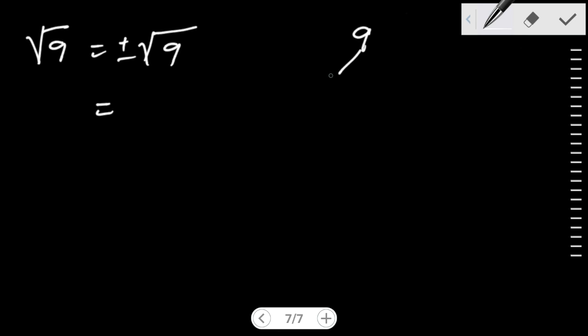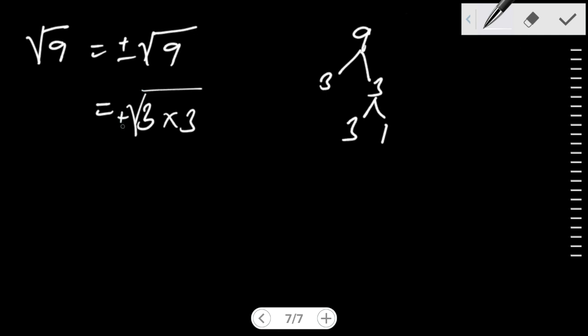If I have the square root of 9, which will be positive or minus root of 9, this should be equal to, now let me first get 9 here. Now the lowest prime factor that can divide 9 is 3. So by 3, I'll have 3. By 3, 1. So I'm going to have 3 times 3 under the root, positive or minus.